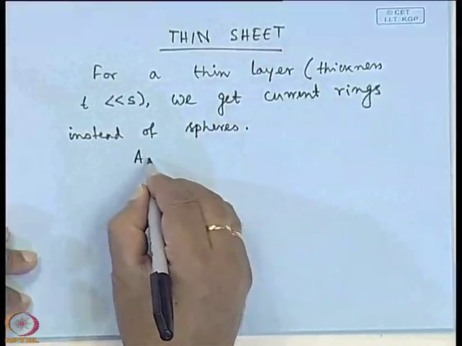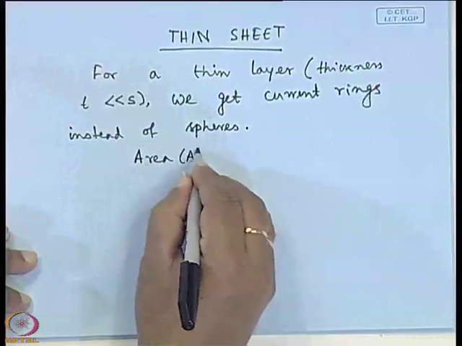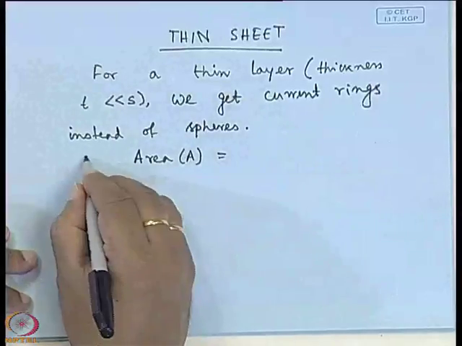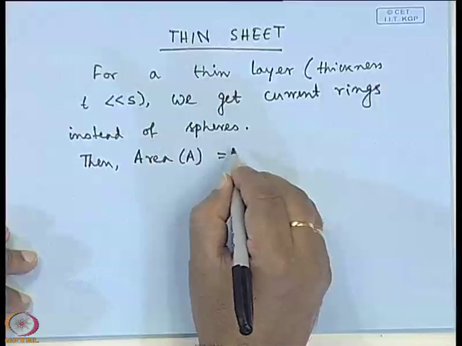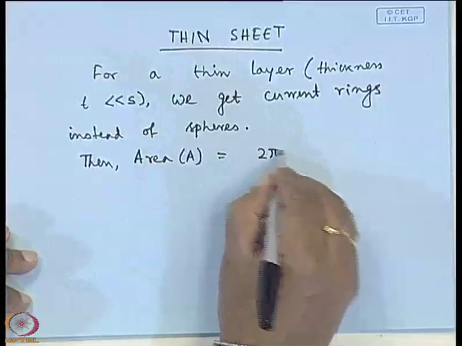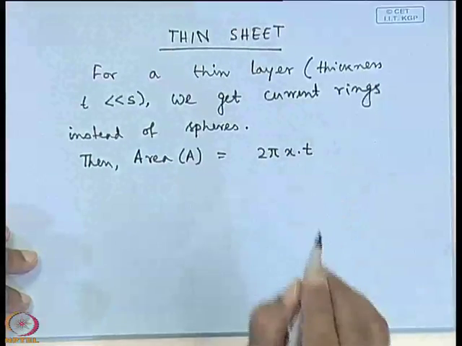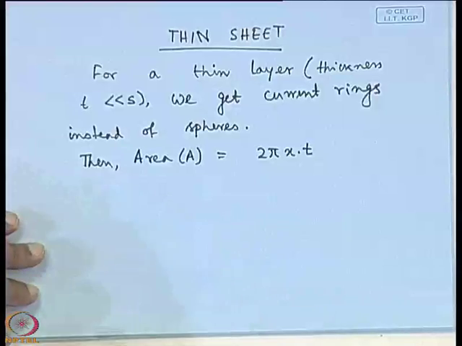Area equals twice pi x into T, T is the thickness of the thin layer.